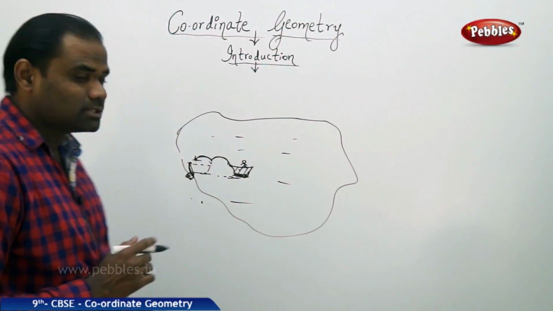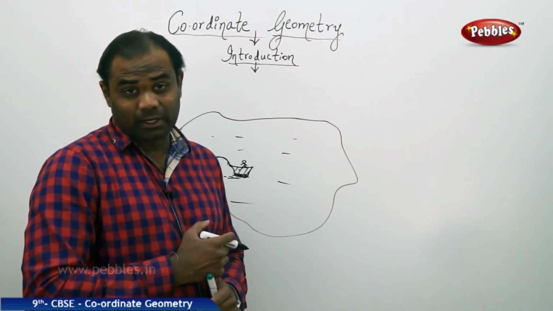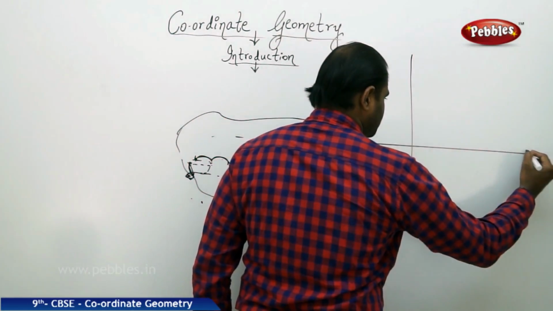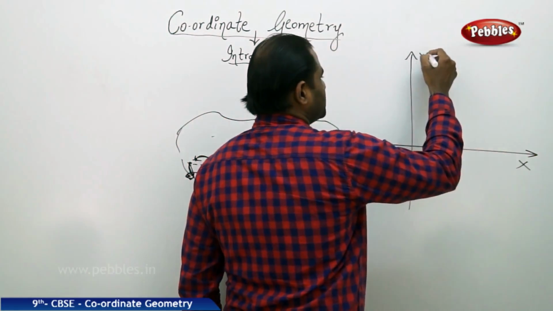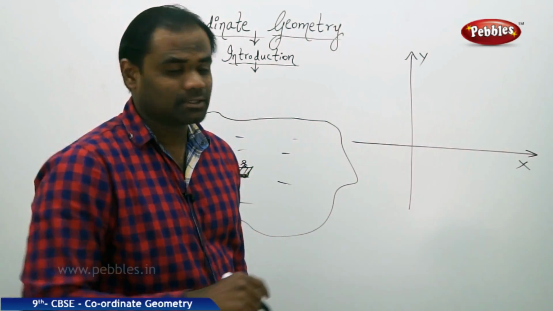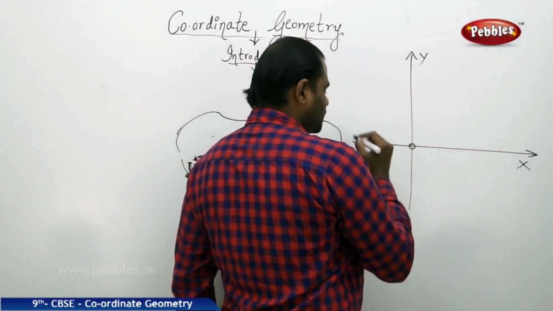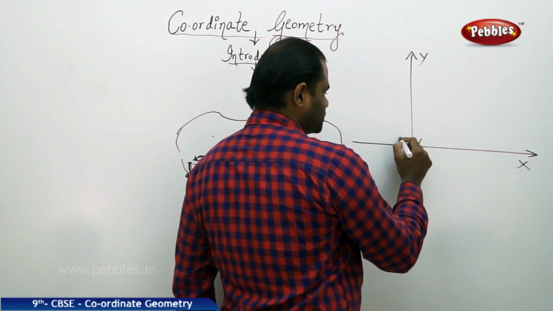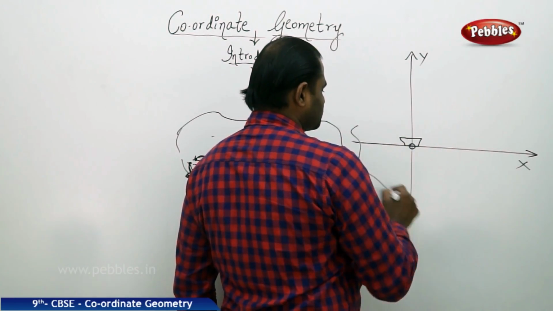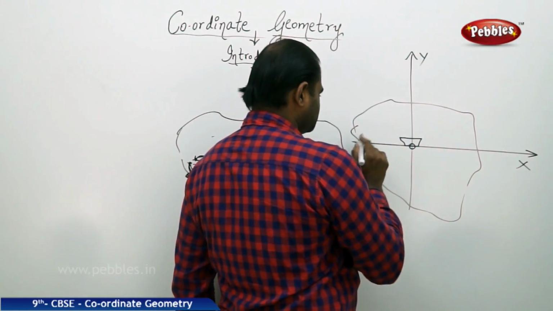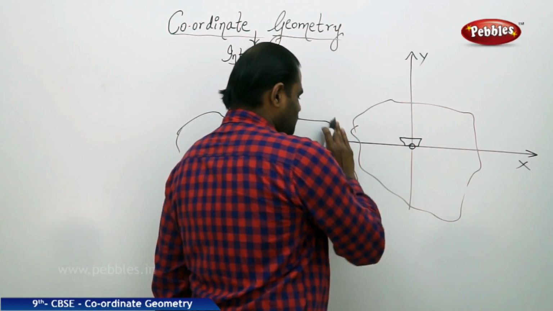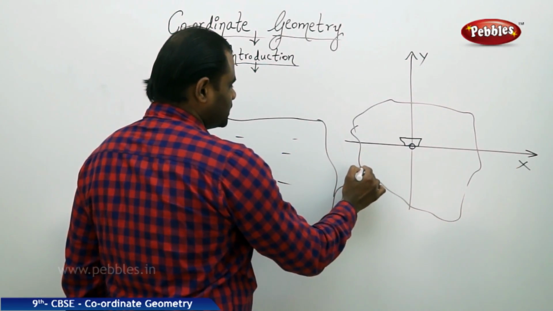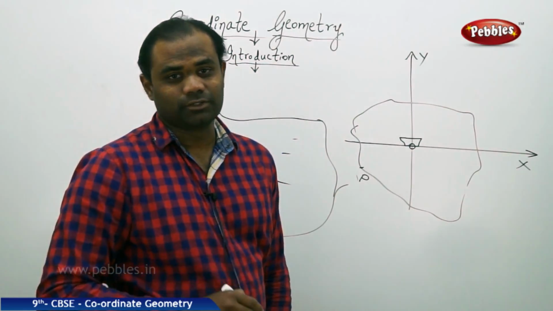So let's see how this is possible more briefly through the graph. So I assume a graph. I assume x and y axis intersecting at origin, and I assume the ship is at the origin initially in the sea. Now his destination to reach at point P is identified through coordinate geometry.